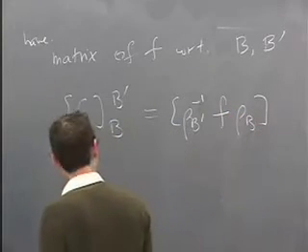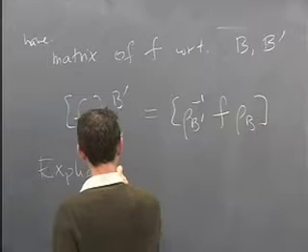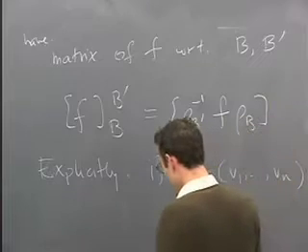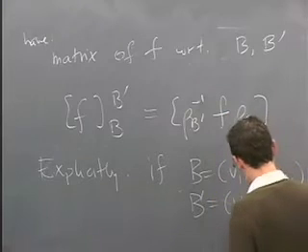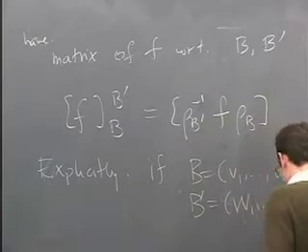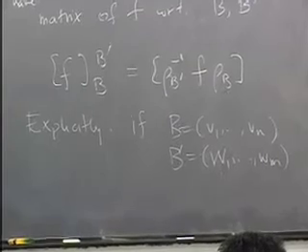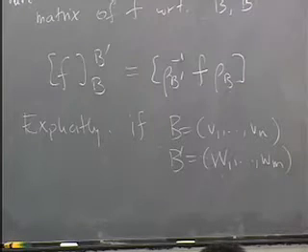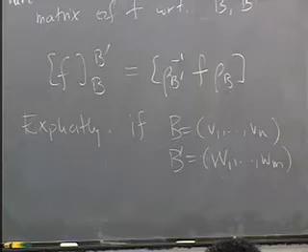Another, more explicit way of looking at this: if B is v1 through vn and B prime is, let's make this easier, w1 through wm, then given any of these vj's, we know that we can write its image uniquely as a linear combination of things in this basis B prime. That was the defining characteristic of bases.